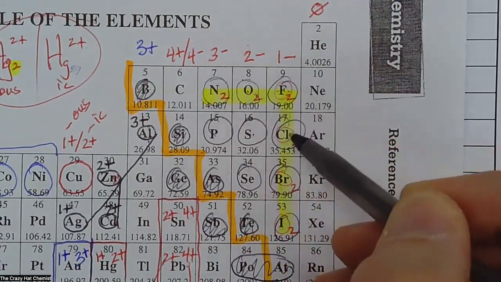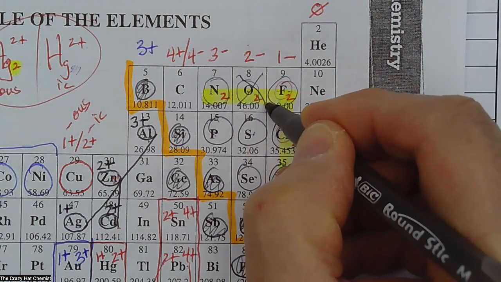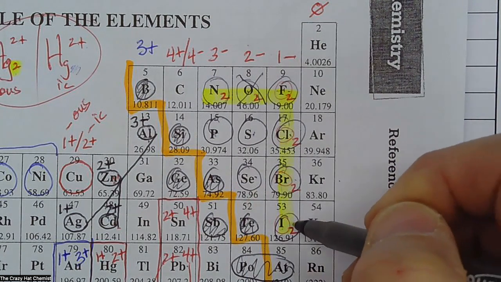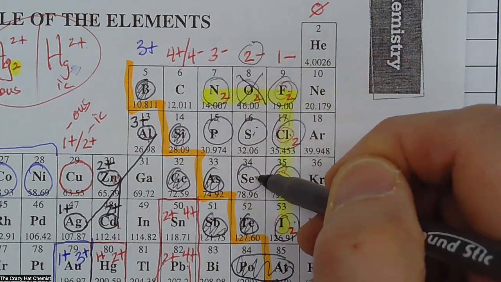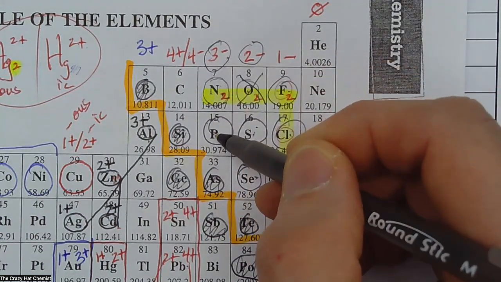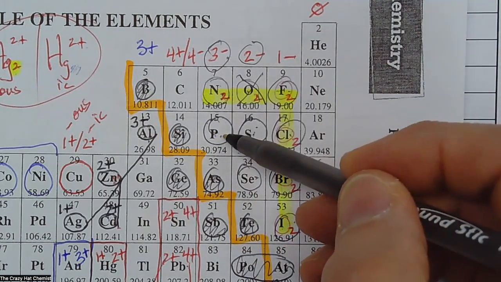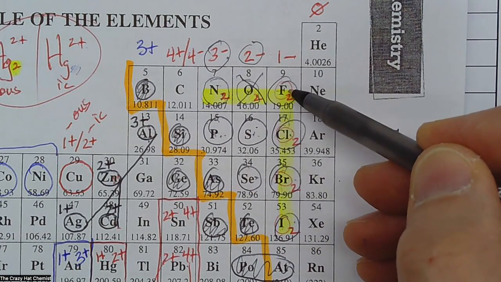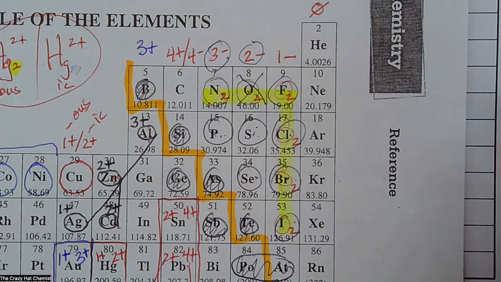So we have 1, 2, 3, 4, 5, 6, 7, 8, 9. And then we're going to get rid of this one because that would be water. So it's HF, HCl, HBr, HI, H2S, H2Se, H3N, H3P. So that's hydronitric acid, hydrophosphoric, hydrosulfuric, hydroselenic, hydrofluoric, hydrochloric, hydrobromic, hydroiodic acids.